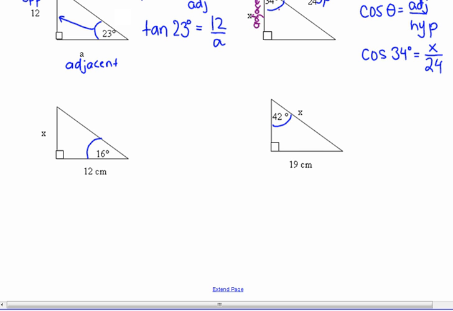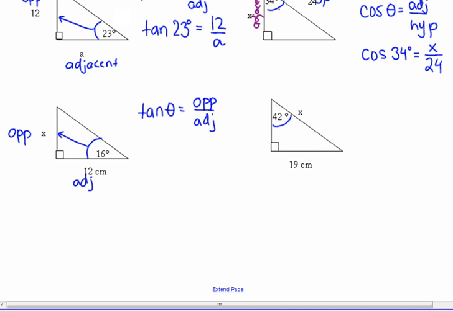Okay, so 16. Let's label the given sides. What would x be? Opposite. And that would make the side between the right angle and your angle what? So which ratio has opposite and adjacent in it? Tangent does. Tangent is opposite over adjacent.